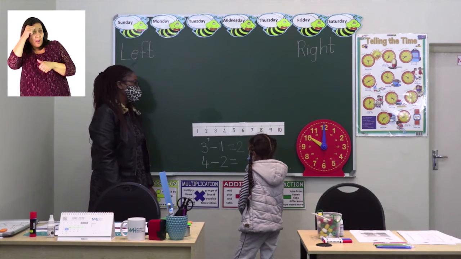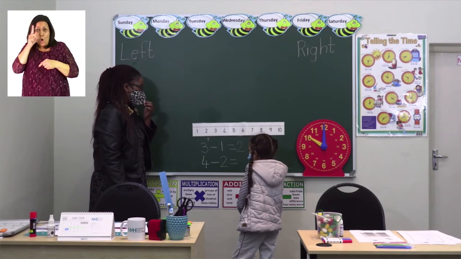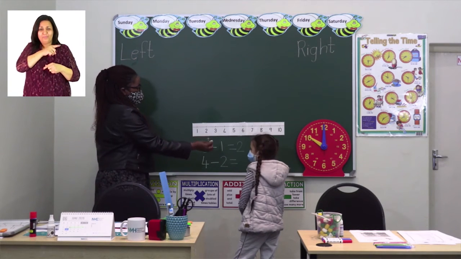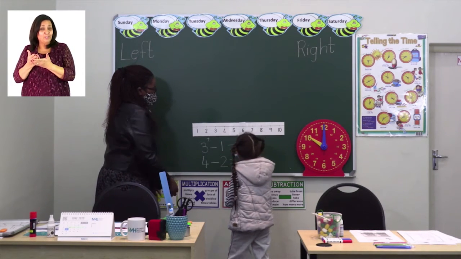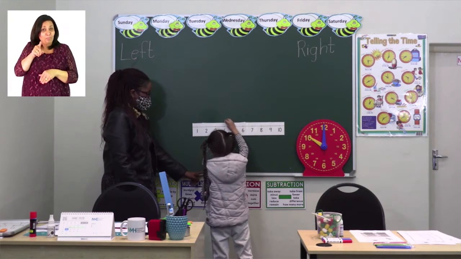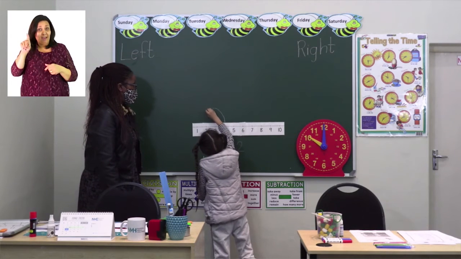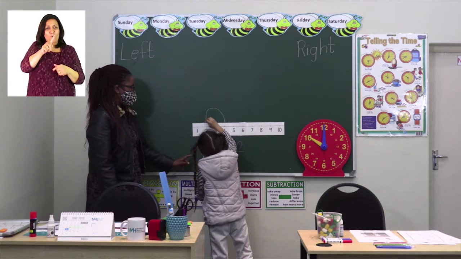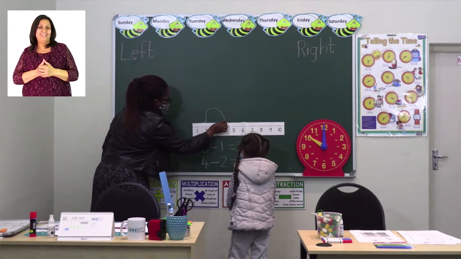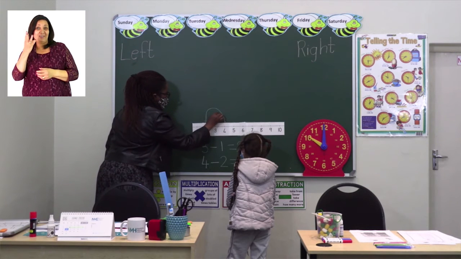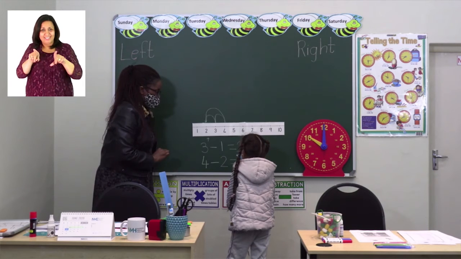Remember how the bunny hops back on the number line. Would you like to make the hops for the little bunny? Look at the number 4, yes, and find 4. Okay, well done. You would have also done it this way, 1, 2, but still it is correct.